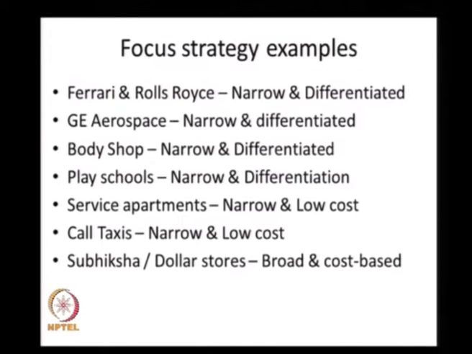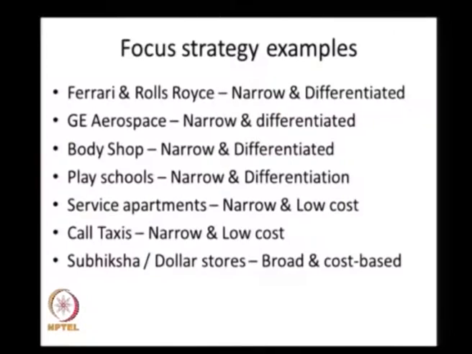Differentiation comes from the ingredients. Body Shop is known for its natural products. Play schools, again very narrow. Differentiation comes from the fact that it is just meant for those who need preschool care, daycares.